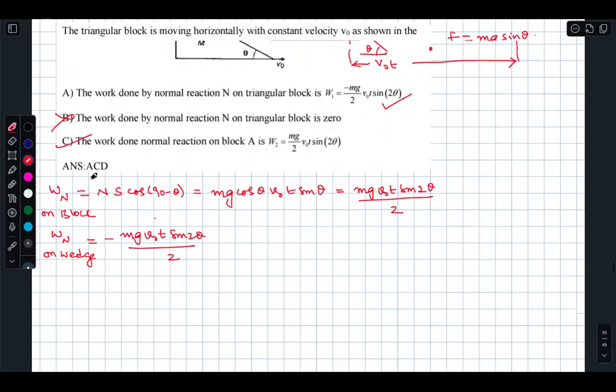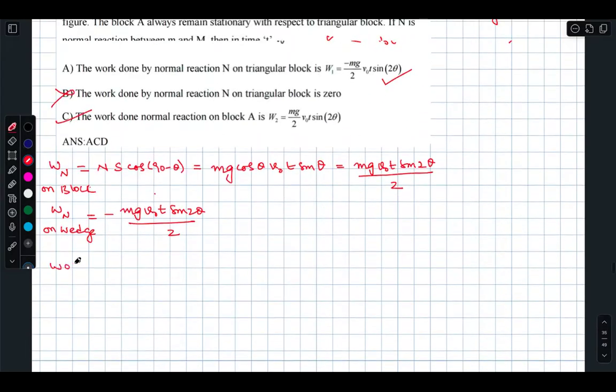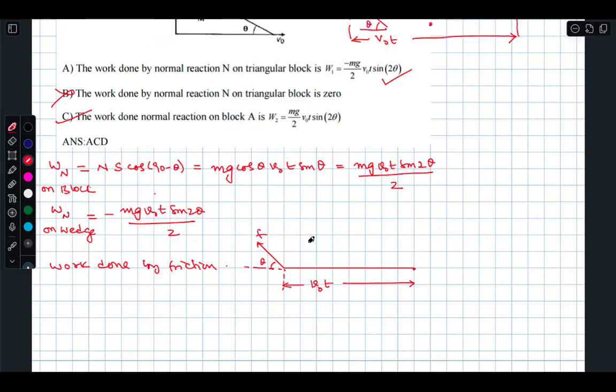Suppose if you ask me work done by friction, for example, how to identify? This is the frictional force and this is the displacement. And this makes an angle theta. This angle is 180 minus theta.